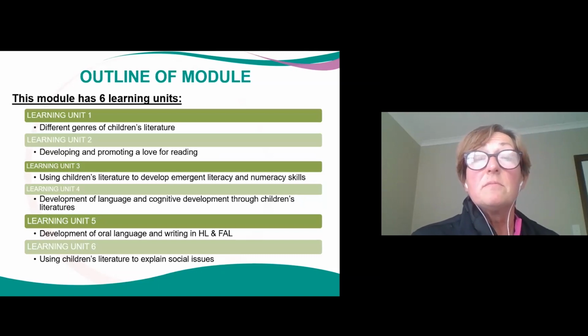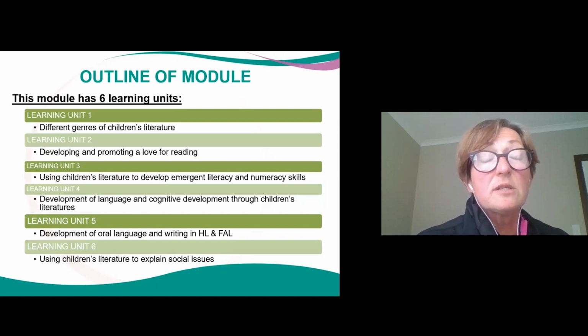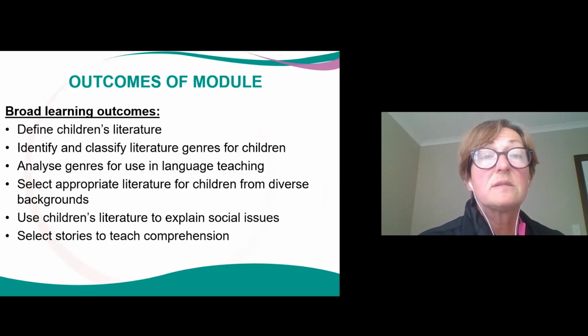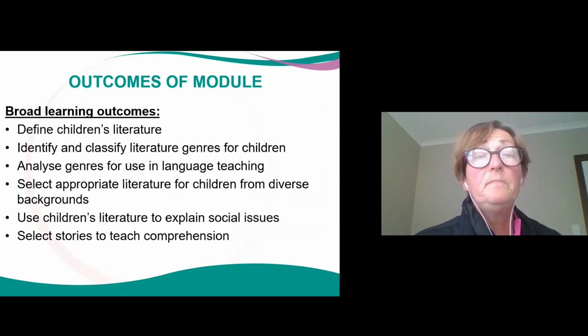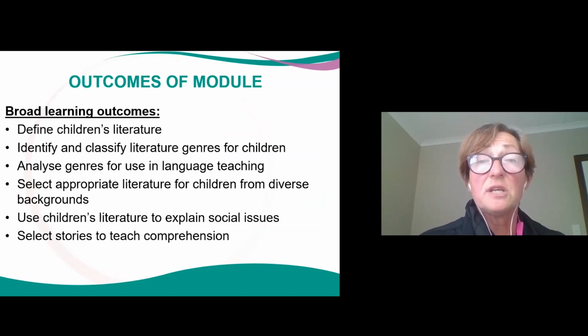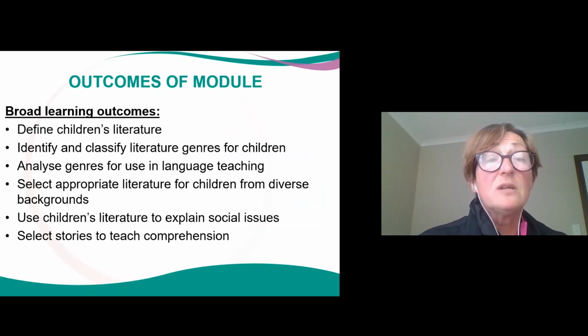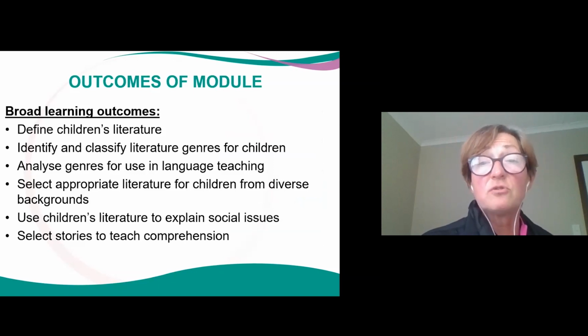So the outline of the module, like I've mentioned, today we're just going to focus on learning units 4, 5, and 6. In terms of the broad learning outcomes, as stated in your study guide, we've already addressed children's literature, the definition thereof, the identification and classification of literature genres, how to analyze genres for the use of language teaching, and how to teach children from diverse backgrounds.